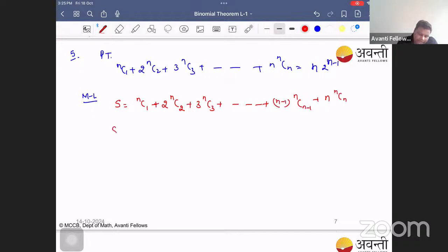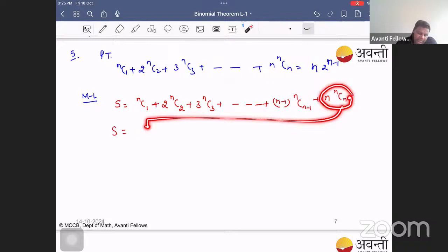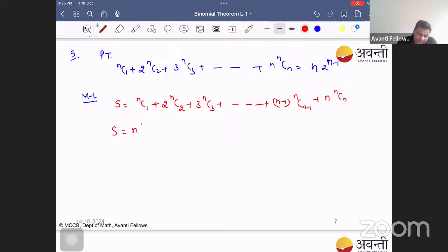Now let us write this series once again. Now this n times nCn, the term nCn is also nC0, so I write this term here. So it is n times nC0. Even before this, I write 0 times nC0. This is S. So n times nCn is written as n times nC0.